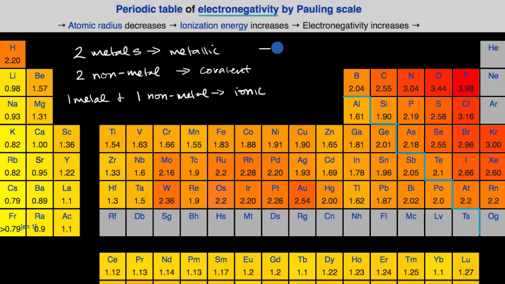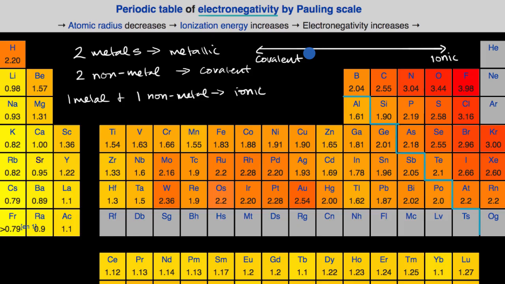We could think about the spectrum between, at this end, ionic, and at this end, covalent. At the extreme left end, you don't have much difference in electronegativities. Both atoms participating in the bond are roughly equal in how badly they want the electrons, while in an ionic bond, you have a very big difference in electronegativities, so much so that one of the atoms swipes an electron from the other.